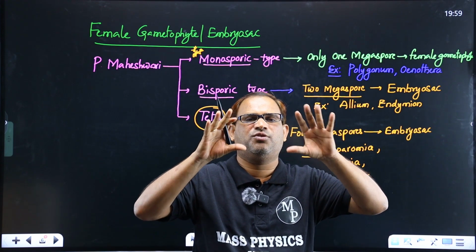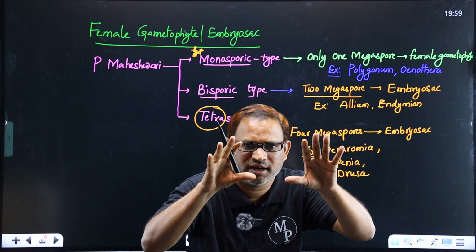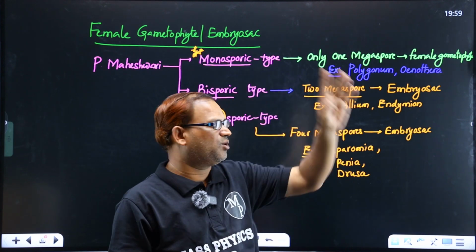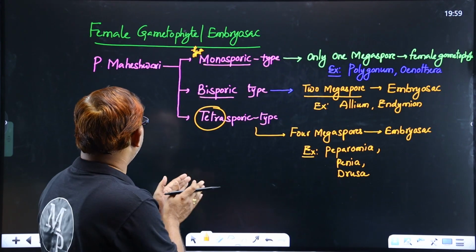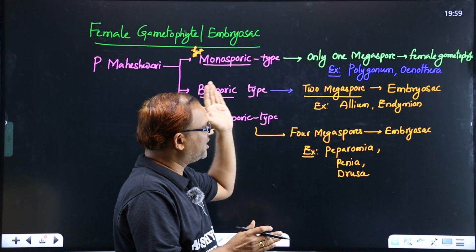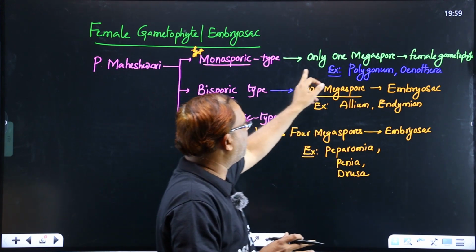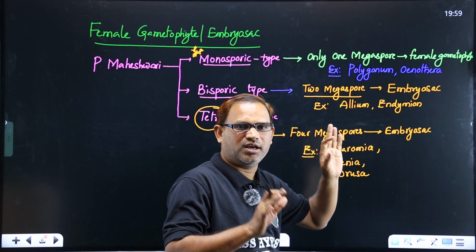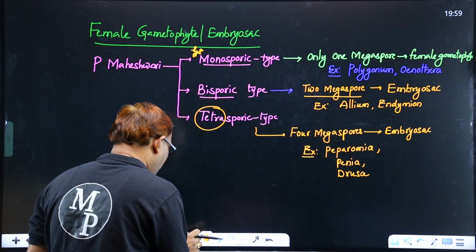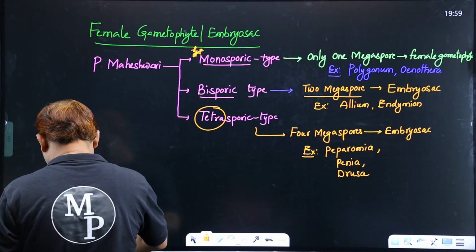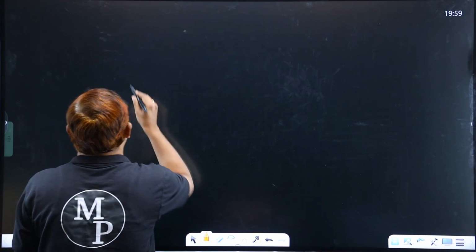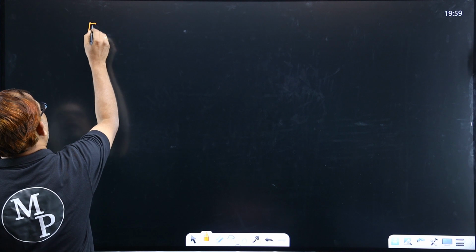Usually the single functional megaspore is located on which side? That is the chalazal side. I already told you. So now we'll see the first type, the important type that is in the syllabus: the polygonum type of embryo sac, the female gametophyte. Okay, see now, polygonum type embryo sac structure.